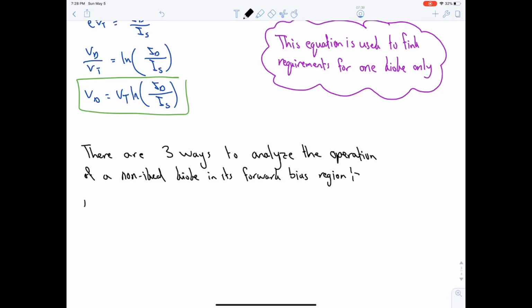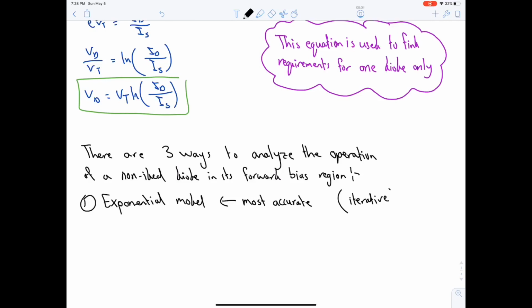The first and the most accurate is the exponential model. It's the most accurate and it's an iterative model.